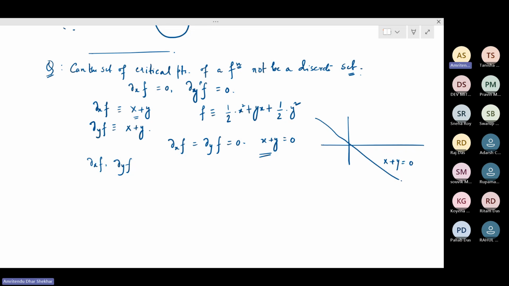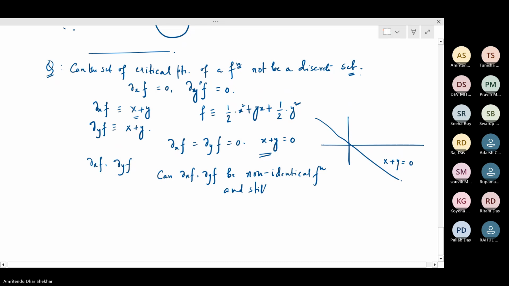We can of course ask the question: can del x of f and del y of f be non-identical functions and still crit of f, the set of critical points of f, be non-discrete?